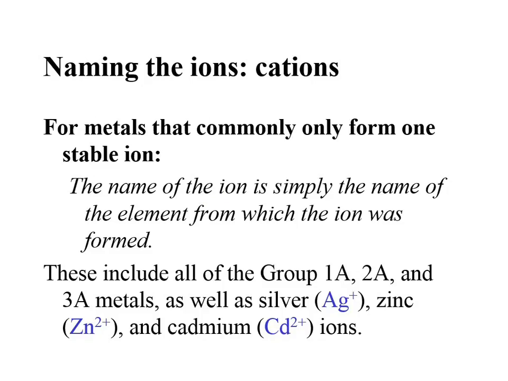Remember, we did 3 sections yesterday. The first section was monatomic: crisscross, name them. In the first section, all of the metals were 1A, 2A, or 3A. If that's the case, then we say they form only one stable ion. That's where I say you can hang your hat on the ion that they form.